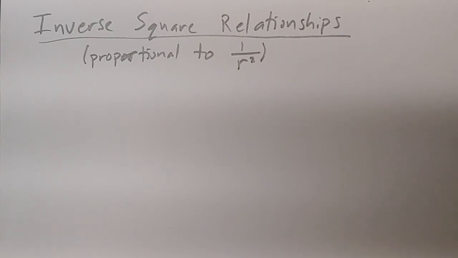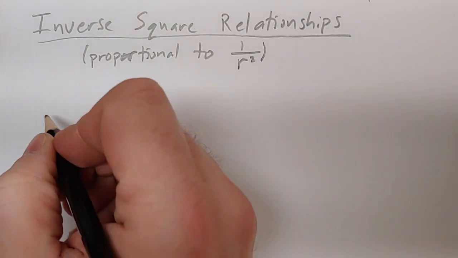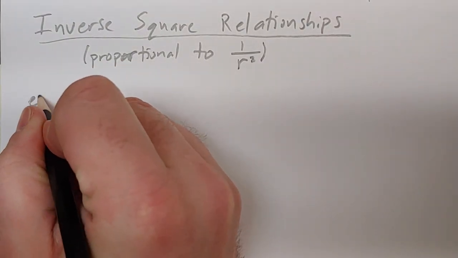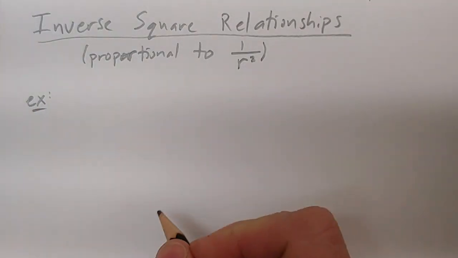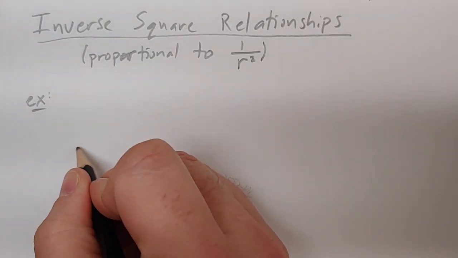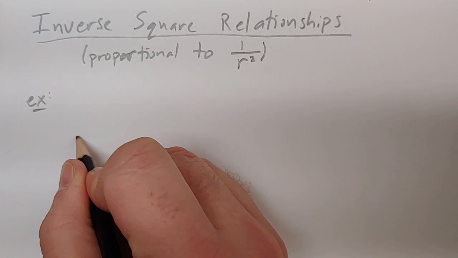So one example of what an inverse square relationship looks like for something that you can actually visualize from your everyday experience is imagine if we took a can of spray paint and we were to fire the nozzle at some screens different distances apart.